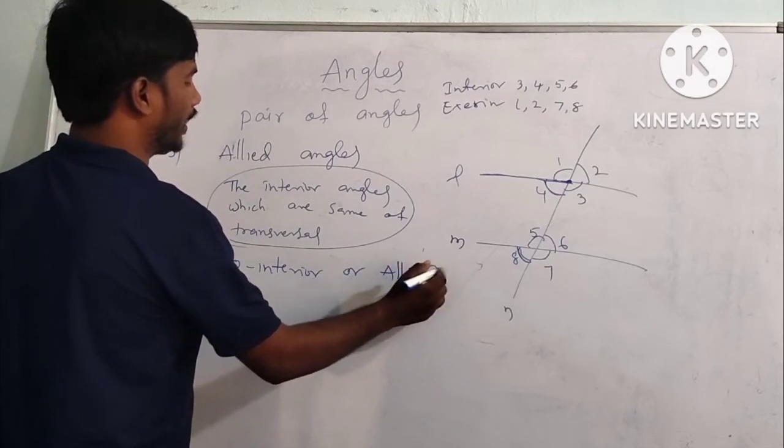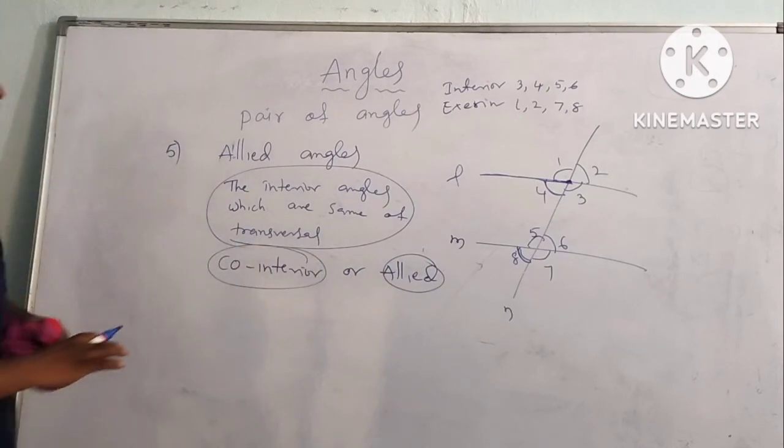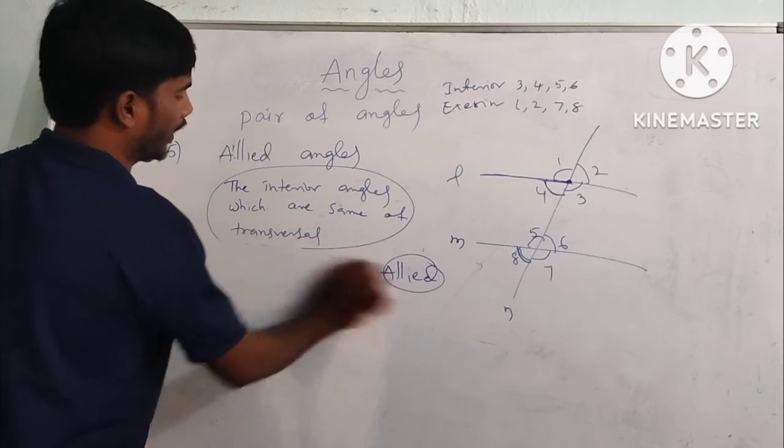We can call them allied angles or co-interior angles.